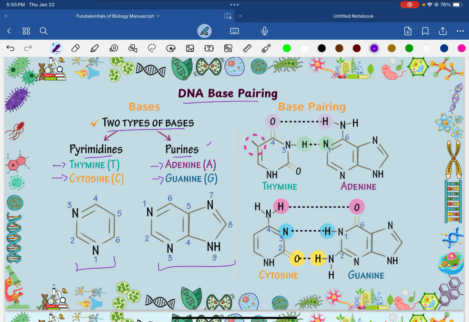Basically, purines have a two-ring structure, while pyrimidines have a one-ring structure. You have to remember that adenine always makes a double bond with thymine, and guanine always makes a triple bond with cytosine.